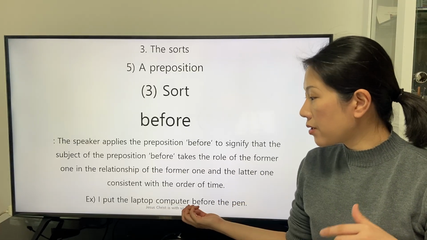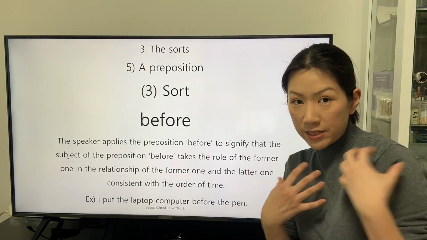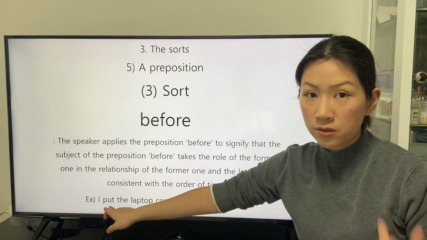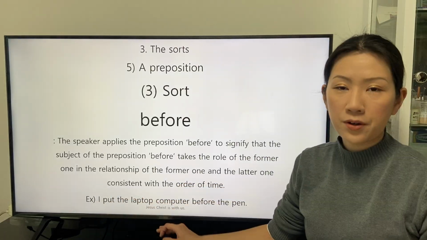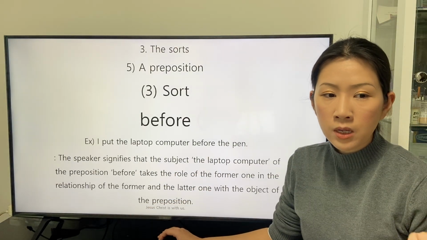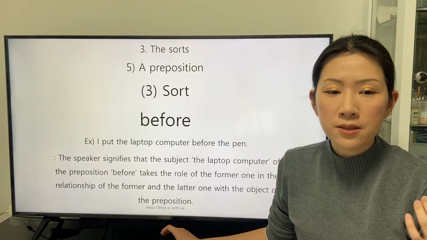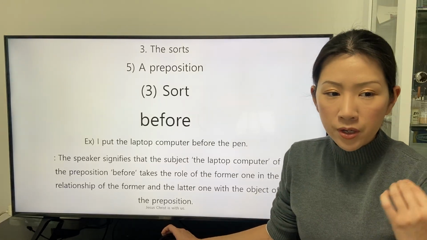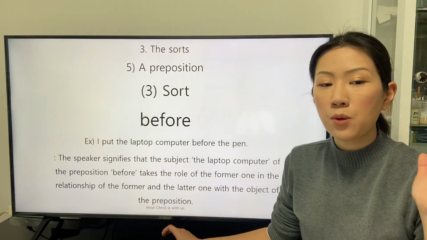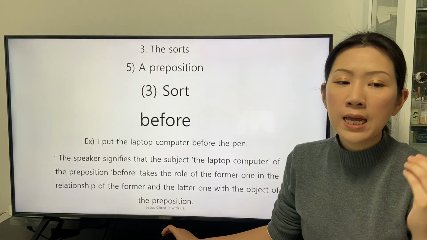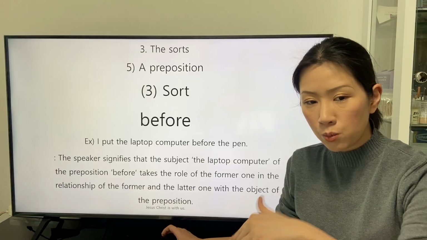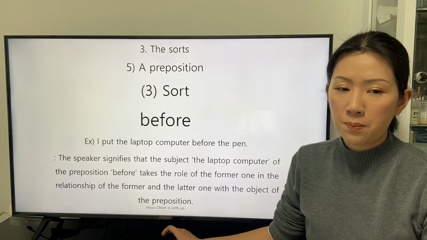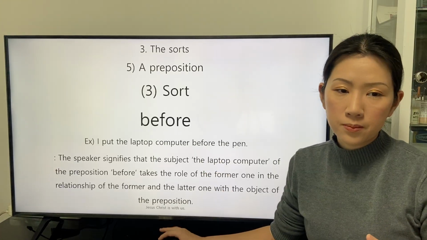The laptop computer, the subject, receives the definition of the transitive verb put from the speaker at first. The speaker signifies that the subject, the laptop computer of the preposition before, takes the role of the former one in the relationship of the former and the latter one with the object of the preposition, the pen.